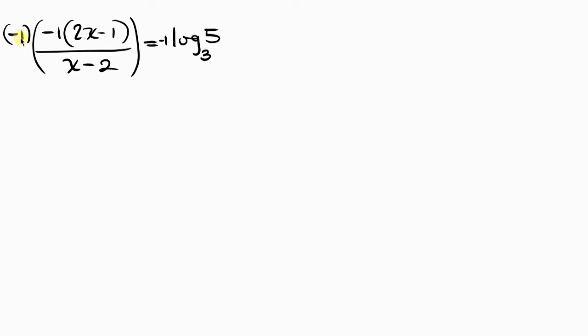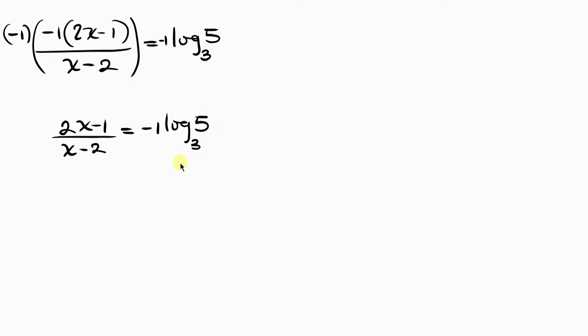So when negative 1 multiplies what I have here, the negative cancels out, leaving behind 2 to the x minus 1 all over x minus 2 to be equal to negative 1 log 5 base 3.